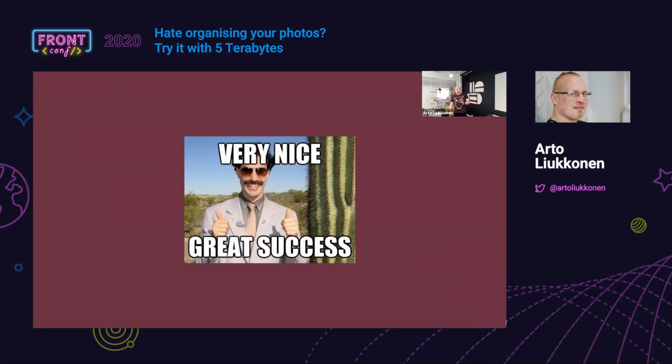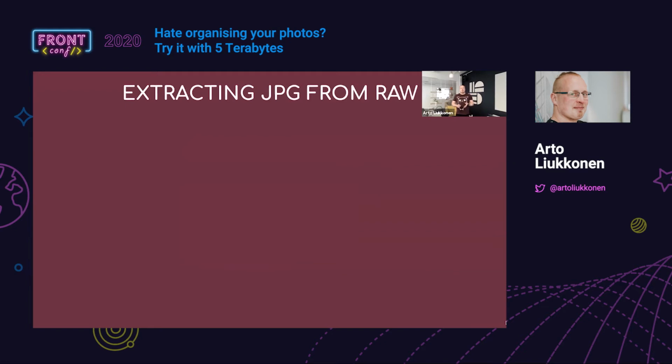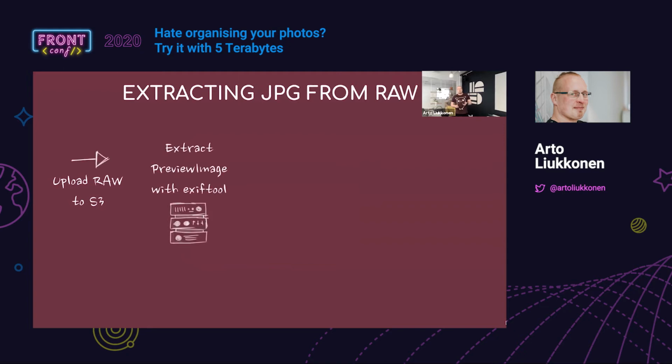So now we have the raw files in S3, in a deep archive. The next thing we need to do is extract the JPEG out of the raw. When you take a photo with a DSLR in raw format, it will actually store a preview image within the raw file. The idea here was that when you upload the image to S3, we could trigger a Lambda function that will extract the preview image out of the raw file.